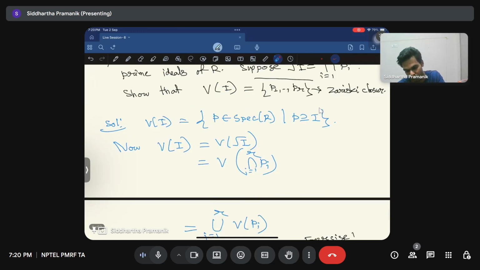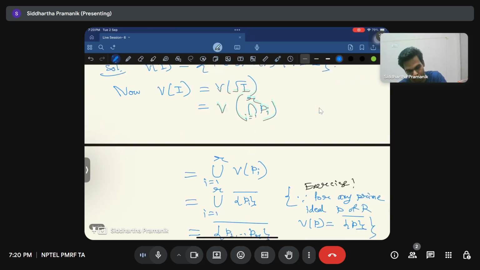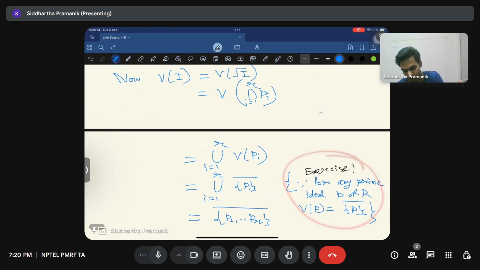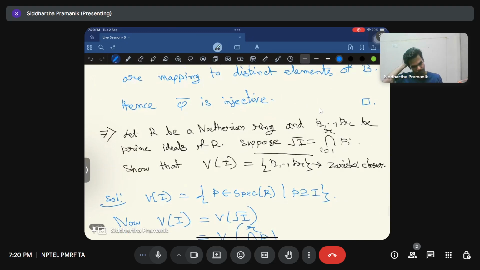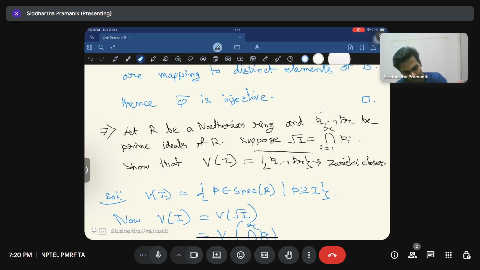So this is also easier if we assume this part. So this is the Zariski closure.